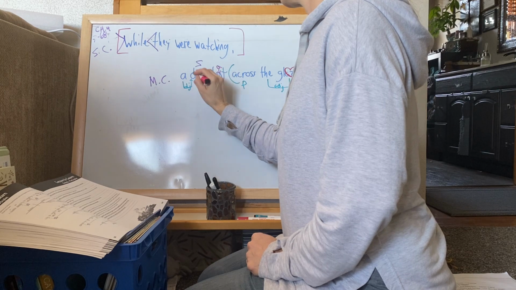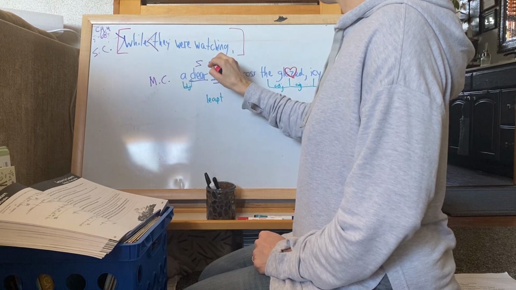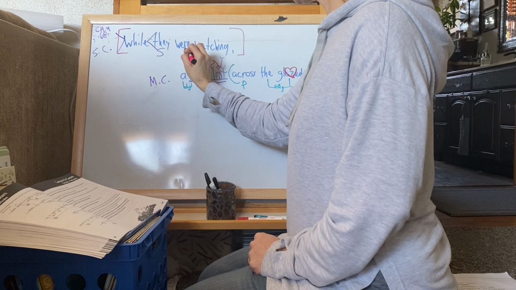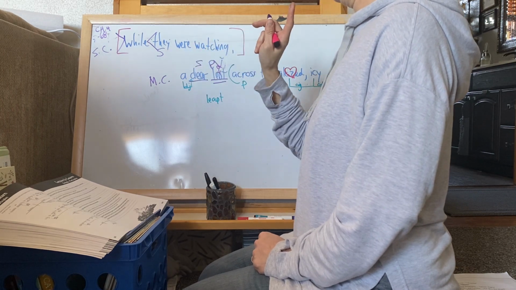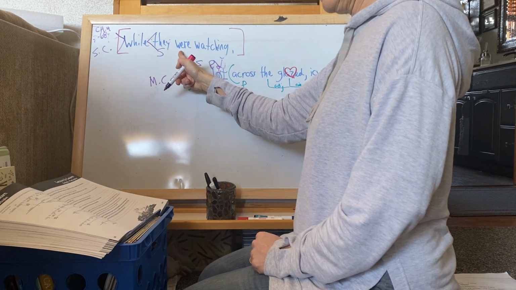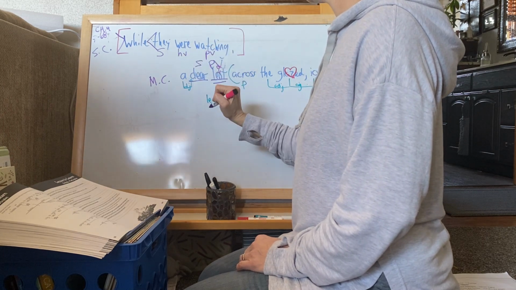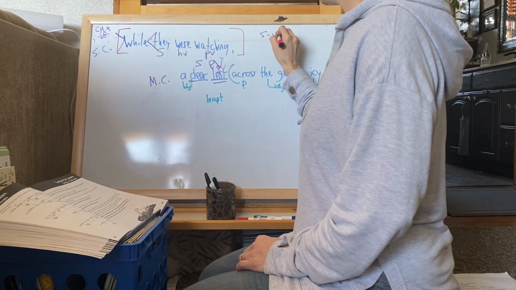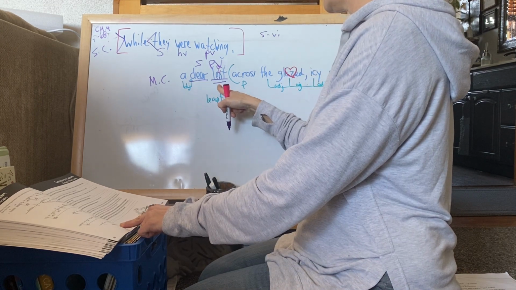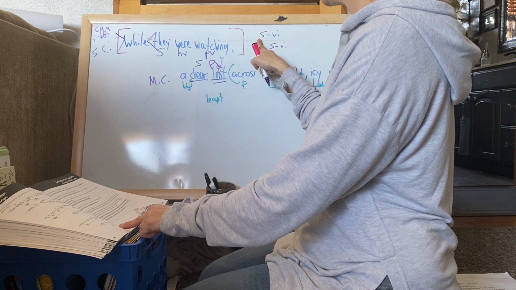So main clause, subject, verb. Now here, subject, they were watching. Is this a linking verb or a helping verb? This is a helping verb. This is the predicate verb. So this is just a SVI. And this is a SVI as well. So the main clause and this one.